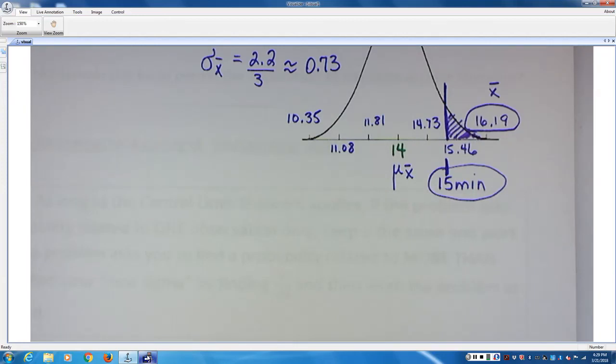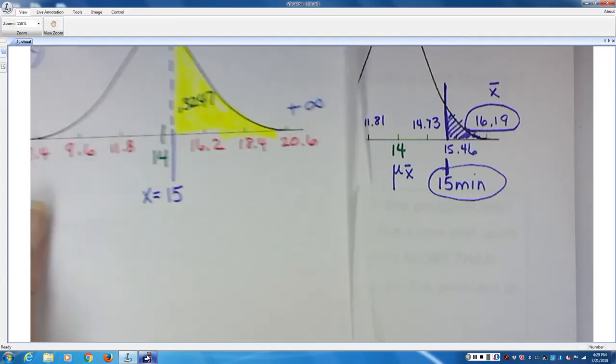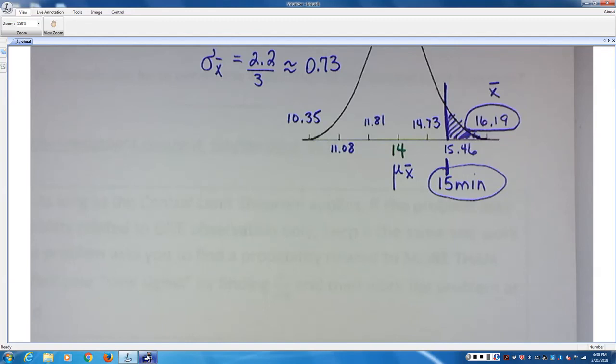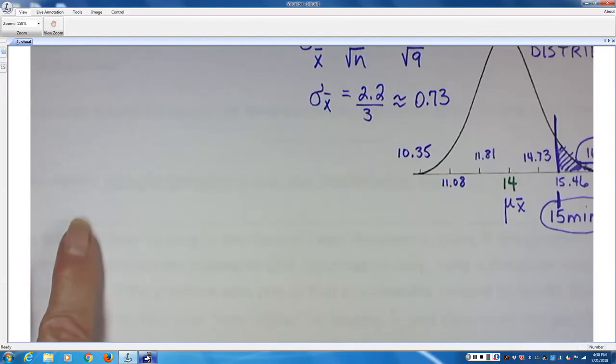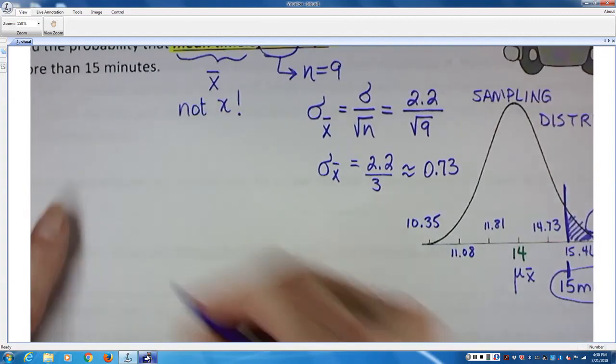Look at how little that area is compared to the area last time. Okay? It changes your probability significantly, and what causes it to change is the fact that you're using a standard error. Standard deviation divided by the square root of the sample size. So in order to do this problem, we don't really do it any differently from what we did the last one.